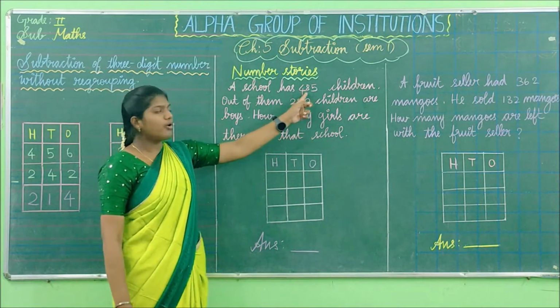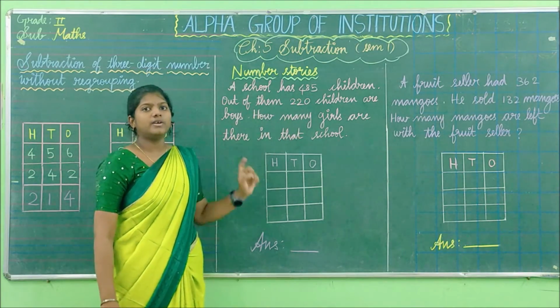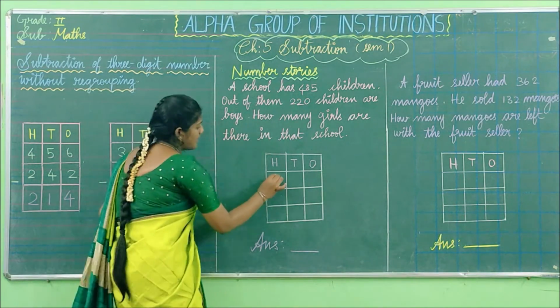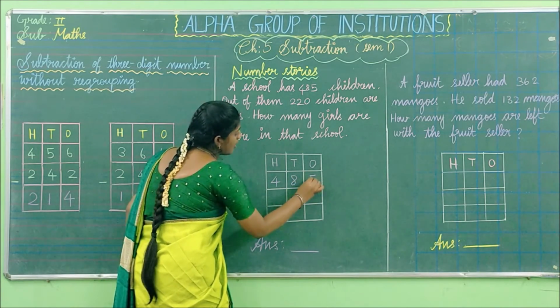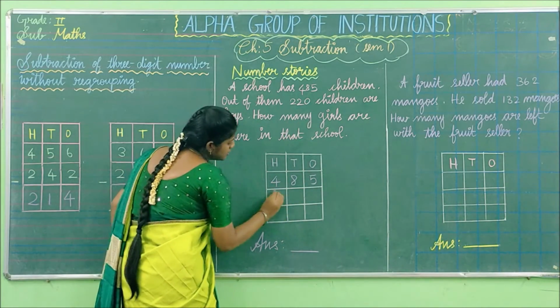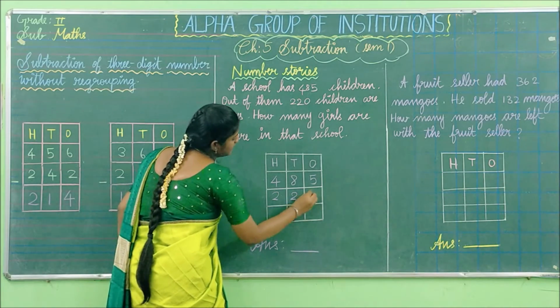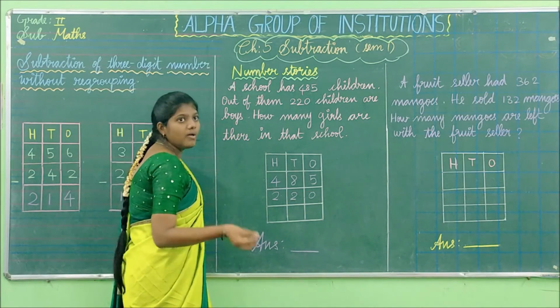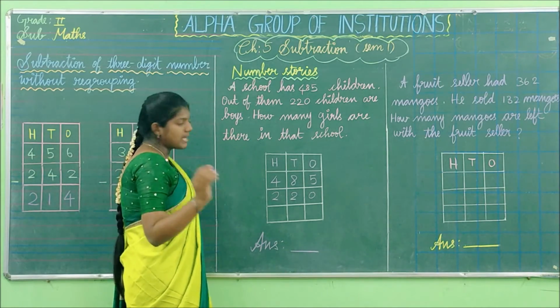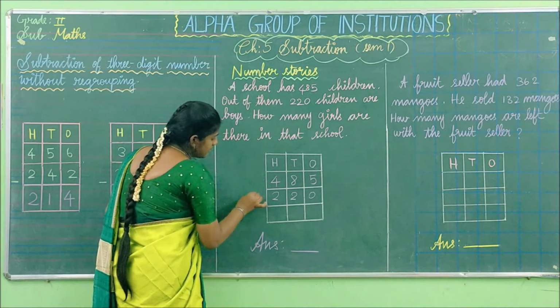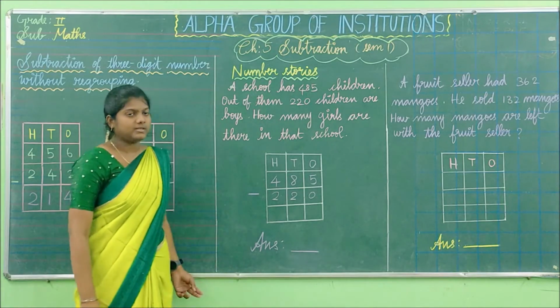So we have 485 and 220. So I am writing the bigger number 485 on the top and smaller number 220 at the bottom. For finding how many girls are there, we have to subtract. So I am putting the symbol minus here.